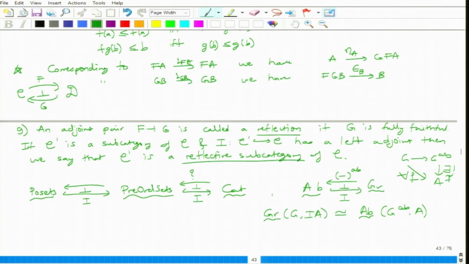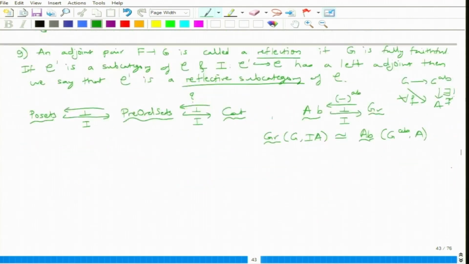From F tilde you can always come back to F by simply taking composition with the quotient map. So this is an example of a reflection. In fact, Ab is a reflective subcategory of the category of groups.